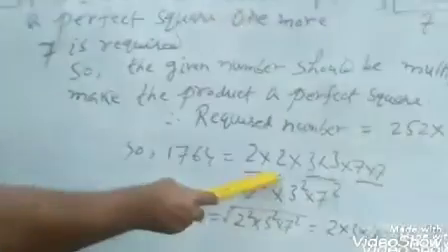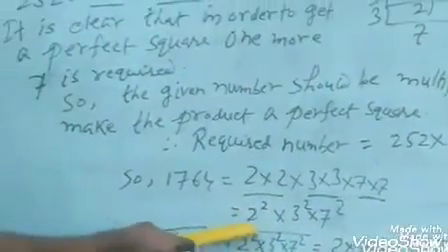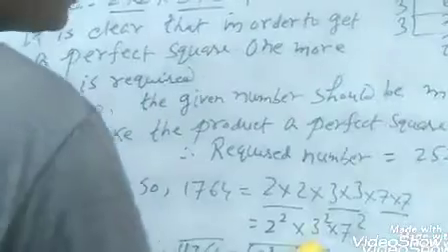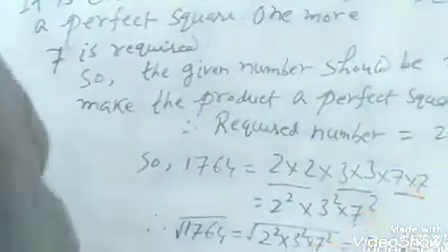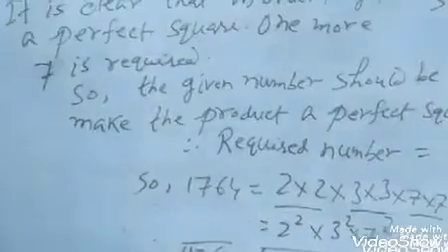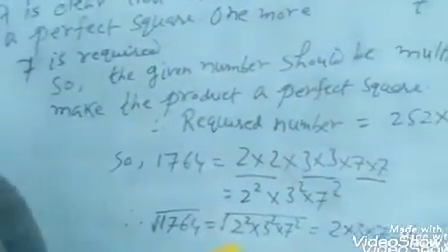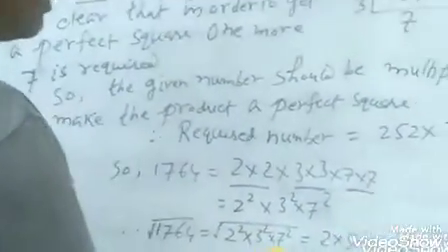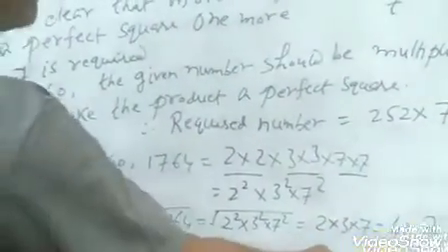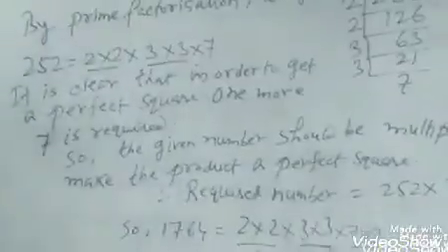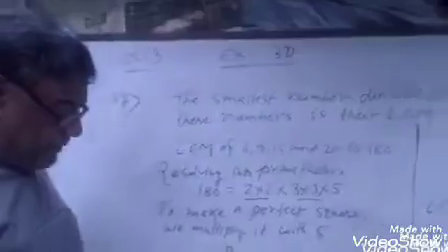That means 2 into 2, 1 pair equals 2 square, another pair 3 into 3 equals 3 square, and last one pair 7 into 7 equals 7 square. Under root of 1764 equals under root of 2 square into 3 square into 7 square equals 2 into 3 into 7 equals 42. This is the answer.